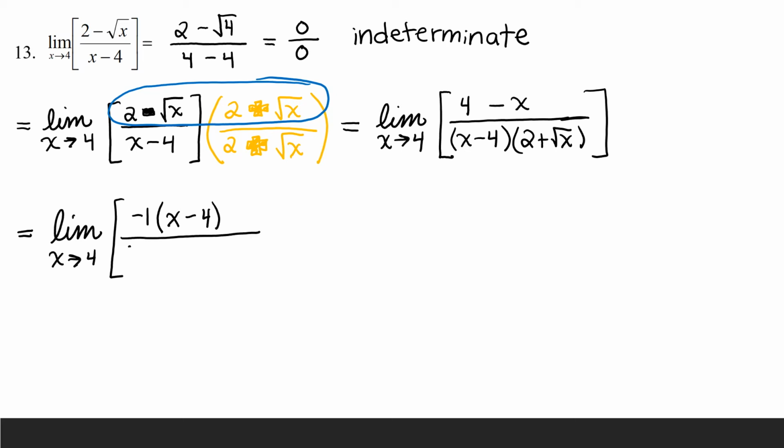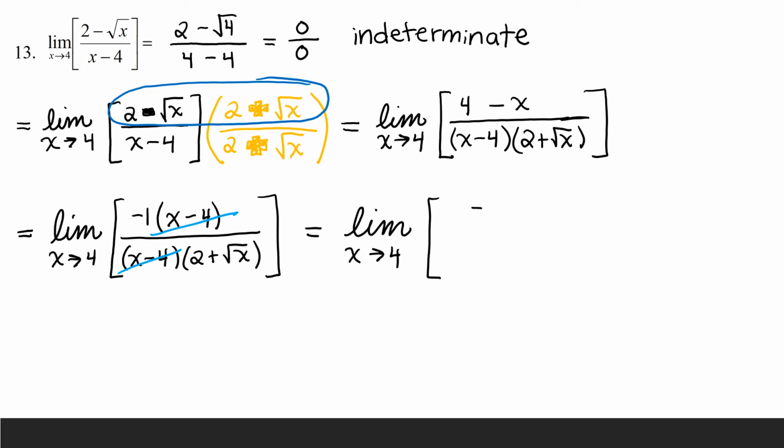And this will be over the quantity of x minus 4 times 2 plus the square root of x. And now we have a common factor of x minus 4 in the numerator and denominator, so those will divide out. And we're left with the limit as x approaches 4 of negative 1 over 2 plus the square root of x.